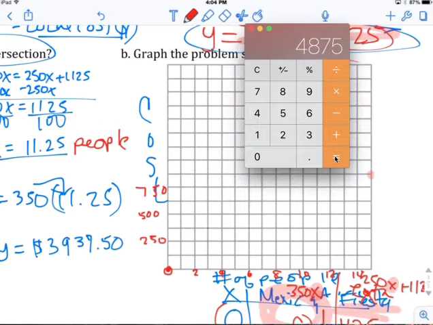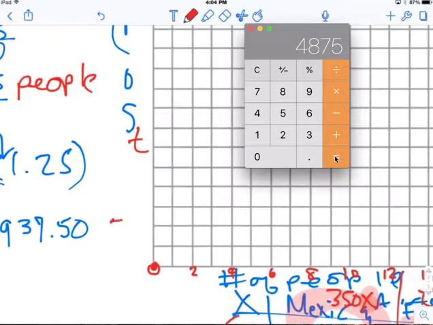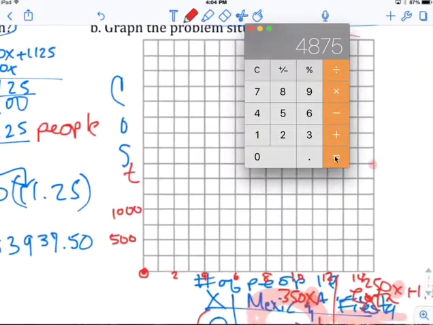Oh, it's not gonna work. 500 each. Yeah, that may work. 1,000.